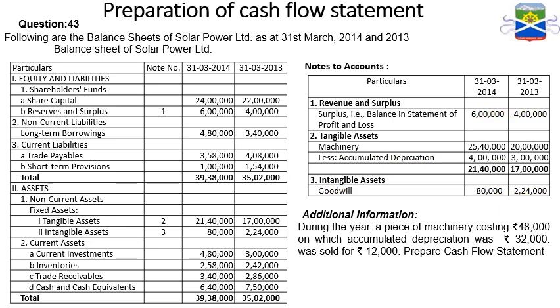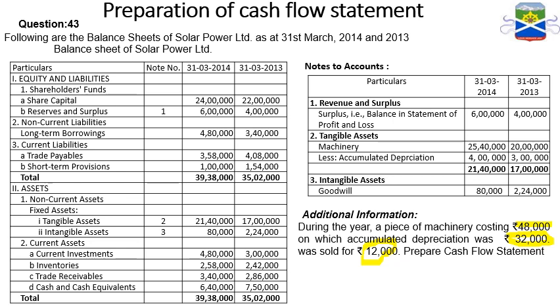During the year a piece of machinery costing 48,000 whose accumulated depreciation is 32,000 was sold for 12,000. So if we add these two, 12,000 and accumulated depreciation 32,000, we have 44,000, whereas the cost is given as 48,000.